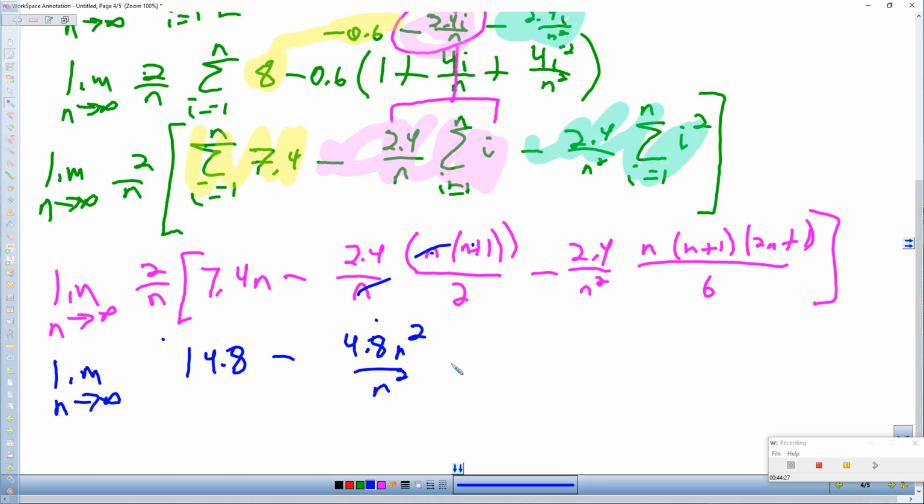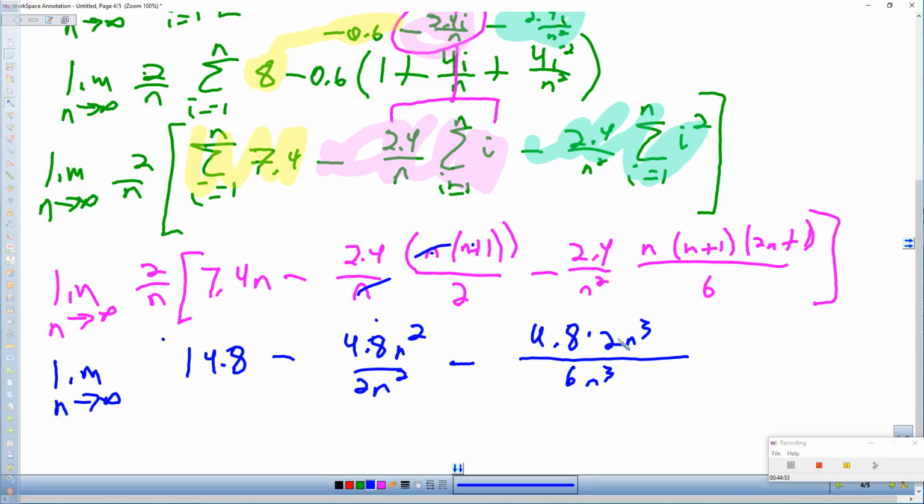Shouldn't we not have 14.8? Oh, we need a 2 here as well because of the 2 there. Okay, and then we're going to have a 4.8 times 2n cubed over 6n cubed. Why is it 4.8? Because it's 2.4 times 2 from this 2, not the 2n.